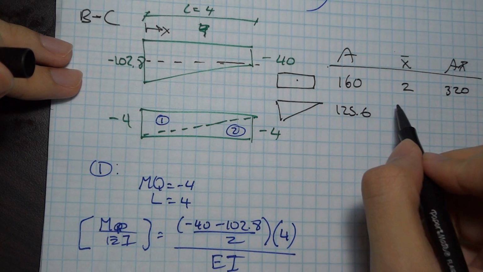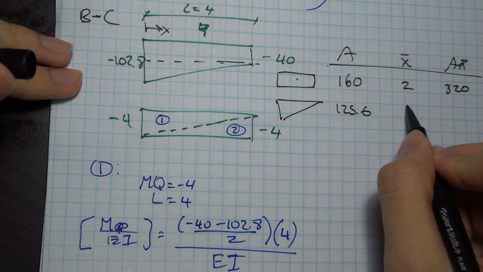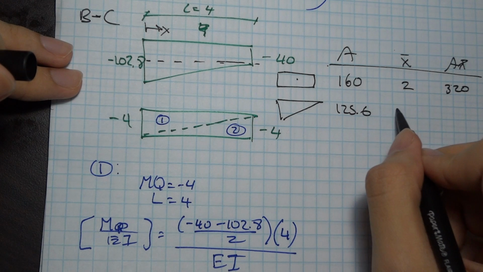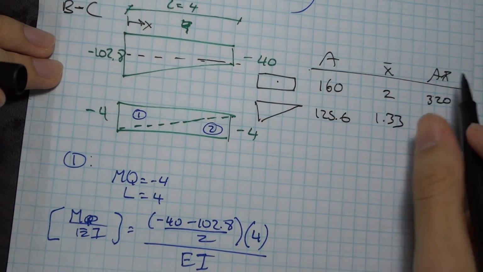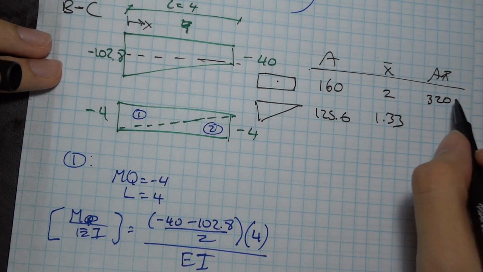My x bar is 2/3 times 4, which happens to be 4/3. Sorry, that doesn't sound right. Sorry, my x bar is 1/3 times 4, which happens to be 4/3, which is 1.33. And my A x bar is 167.5.